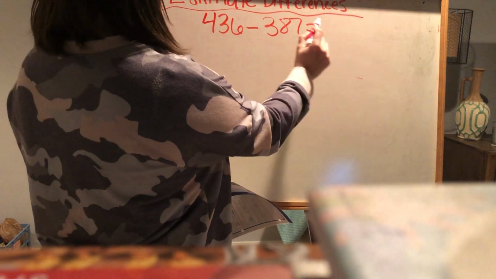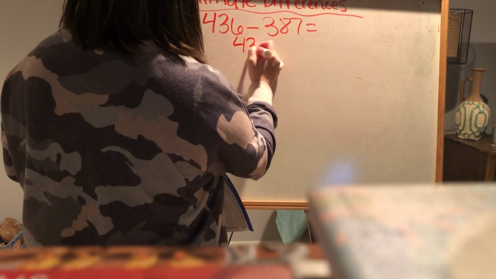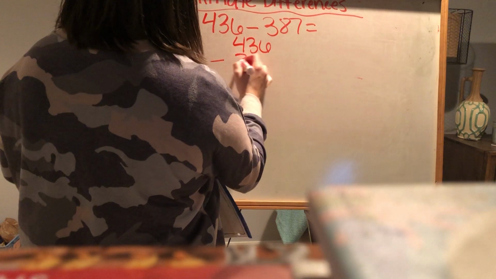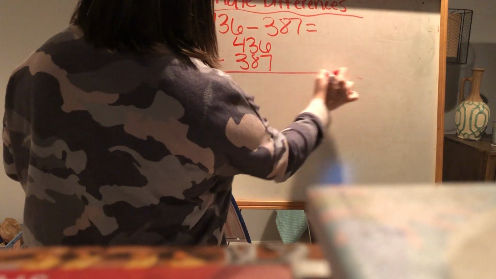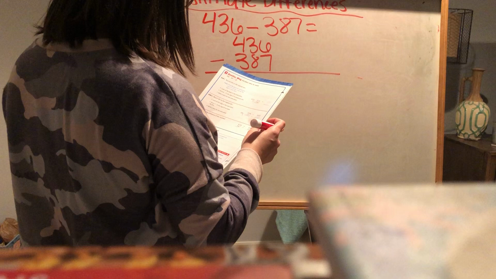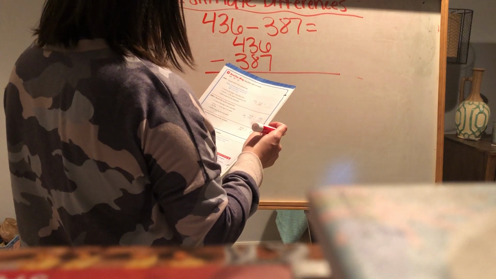We will get back to that after we get through the subtraction section. So remember, if it is written this way, we want to write it up and down. So we have 436 minus 387. Now, it says round to the nearest 10.